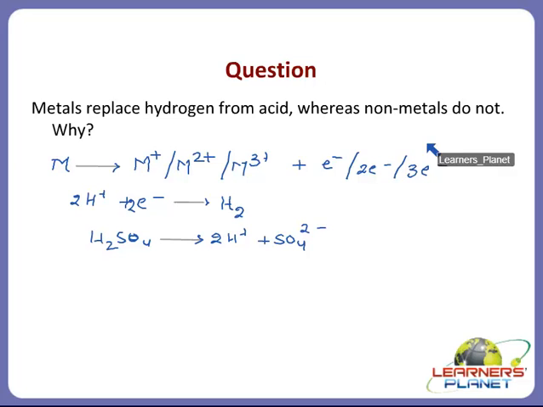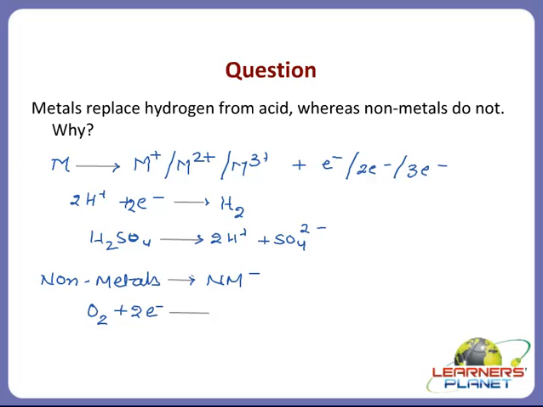Whereas non-metals do not. Why do non-metals not release? Because I told you that non-metals form what type of ions? They form negative ions. How will they form negative ions? By accepting electrons. So, taking an example of any non-metal, that is oxygen. This takes up 2 electrons and it forms what, children?